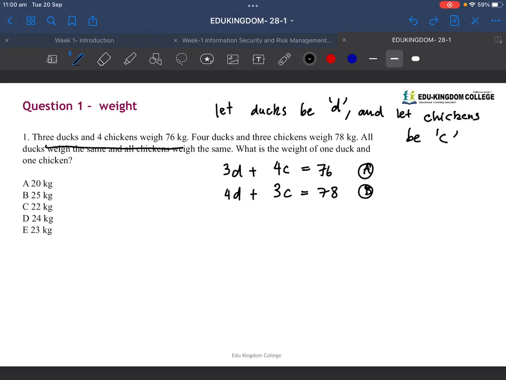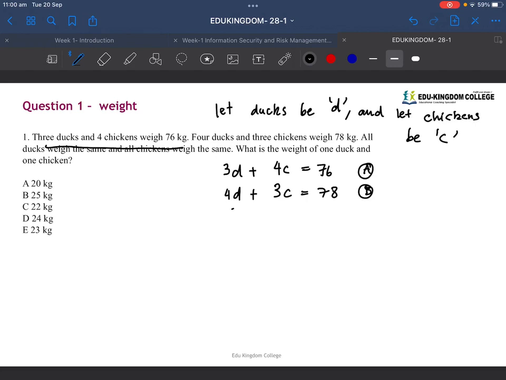So, in order to make 4D and 3D into the same term, I need to find a lowest common multiple of these two, okay? And what is the lowest common multiple of these two? It's 12, right? Because 4, 8, 12, and we have 3, 6, 9, and then 12.